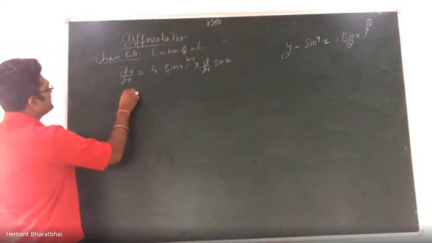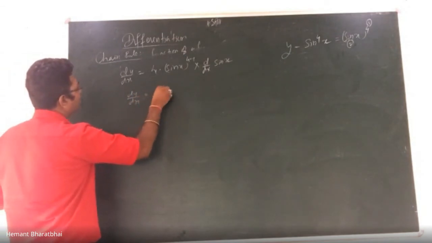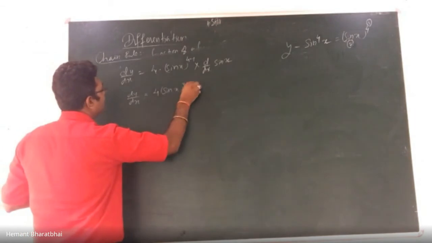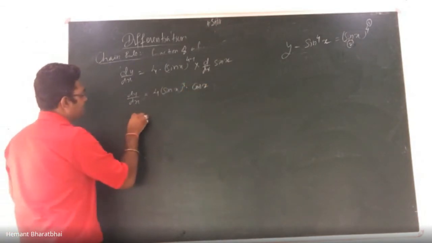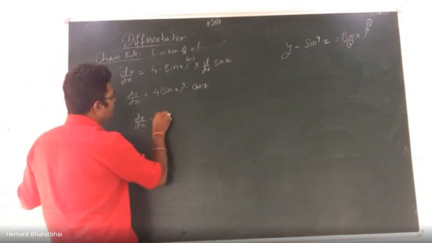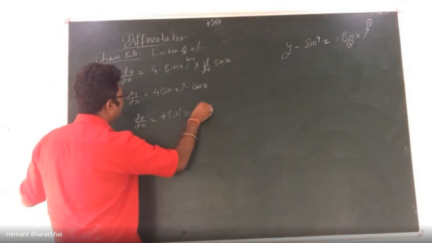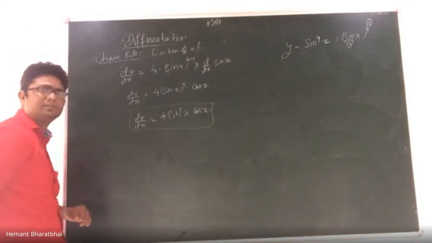So dy by dx is equal to 4 sine x the whole cube into the derivative of sine x, which is cos x. So I'll get dy by dx is equal to 4 sine cube x into cos x. So this is my derivative of this.